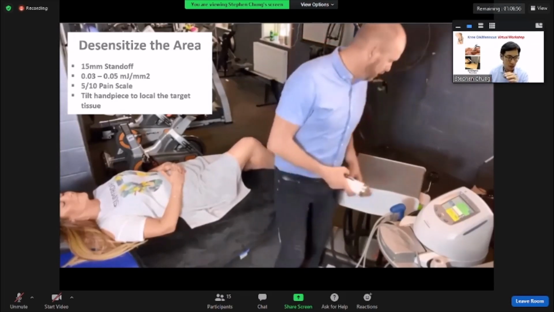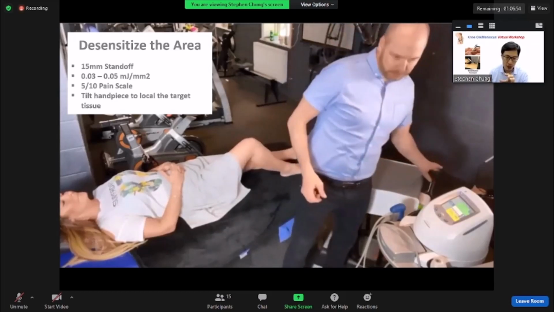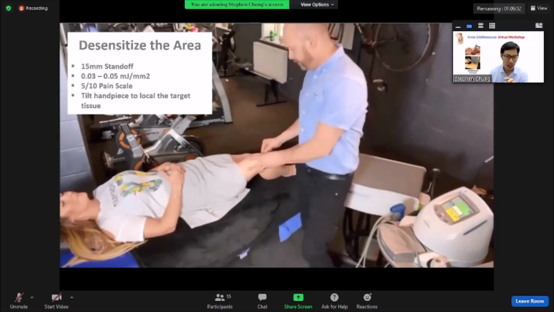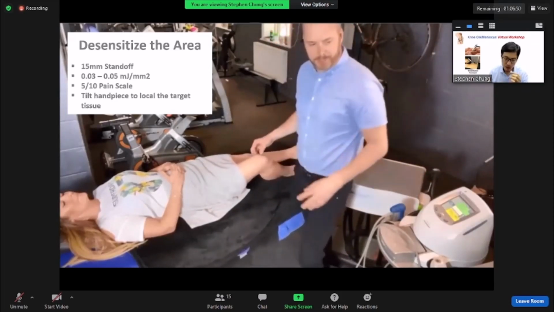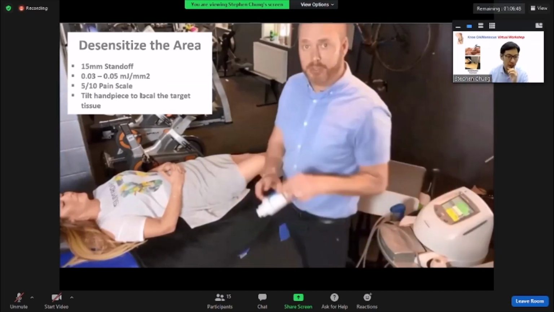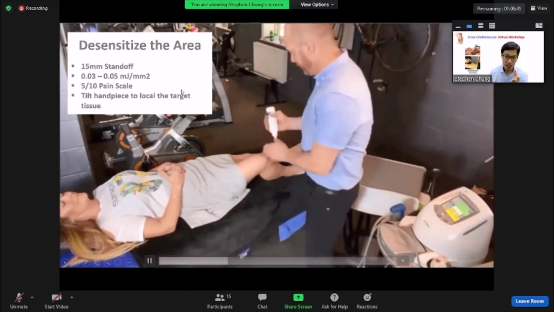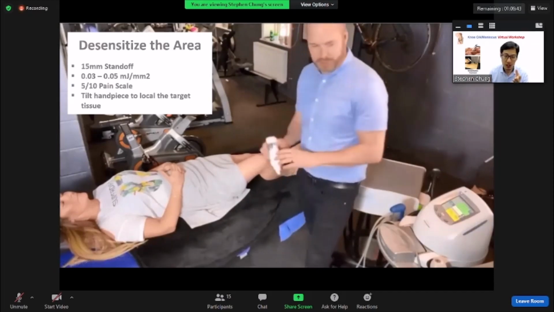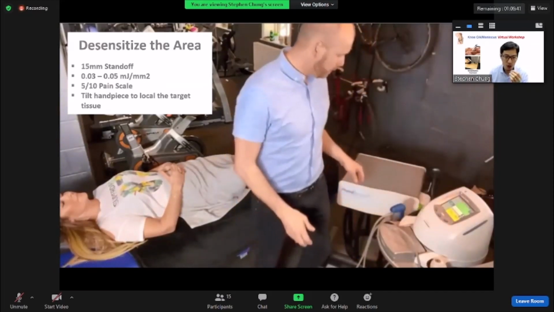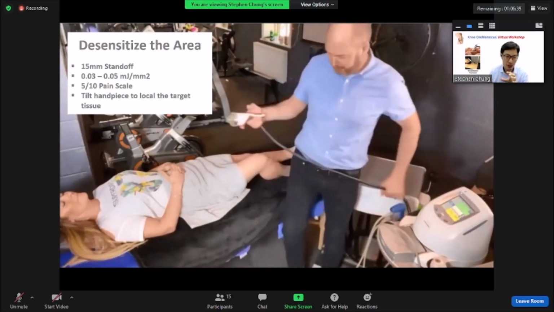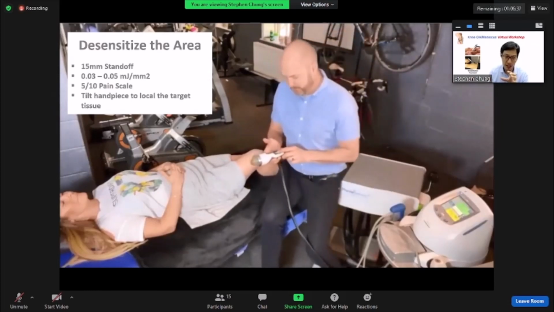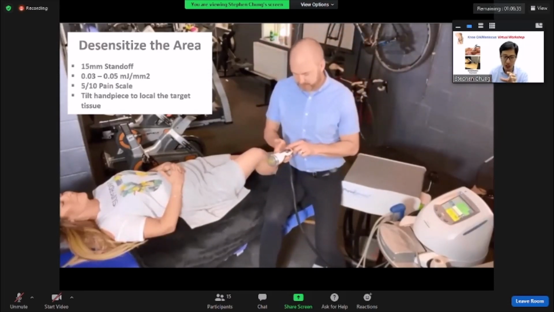If they are having like 7 to 8, then we lower the energy flux density. If we are below that, then we turn it up. Again, just like the radial pressure shockwave, the focus shockwave also needs a conductor, which is normally an ultrasound gel, as a medium to transmit the energy into the area.